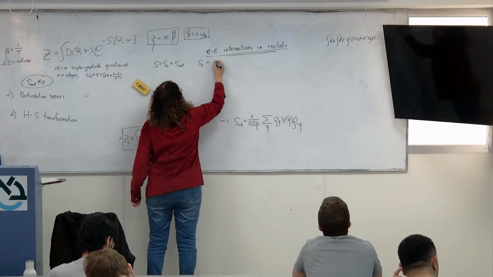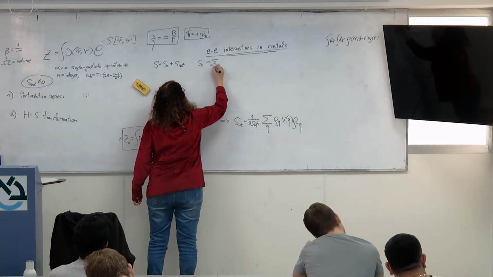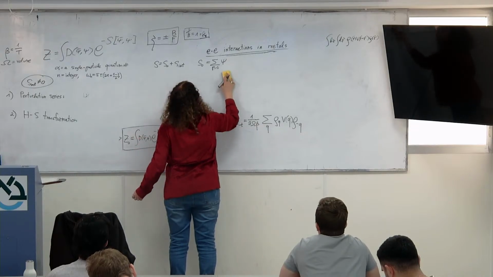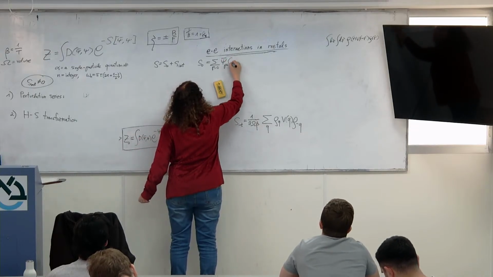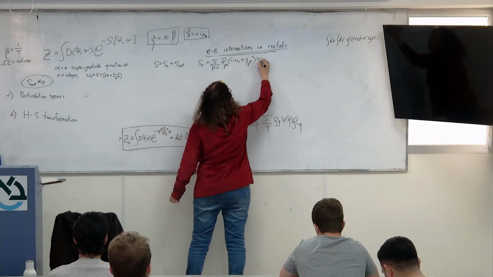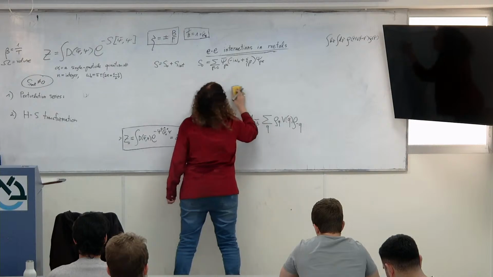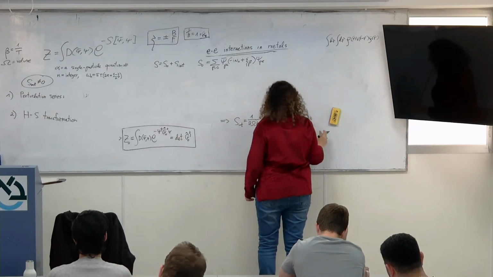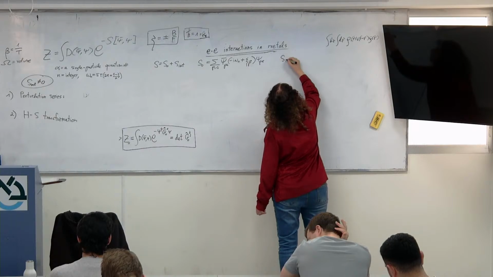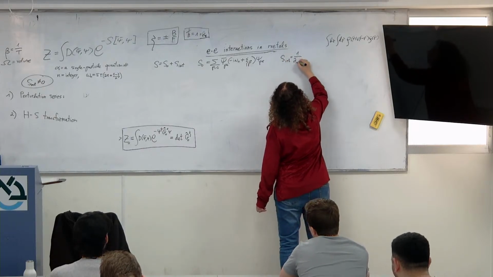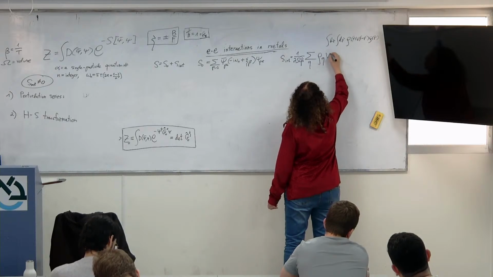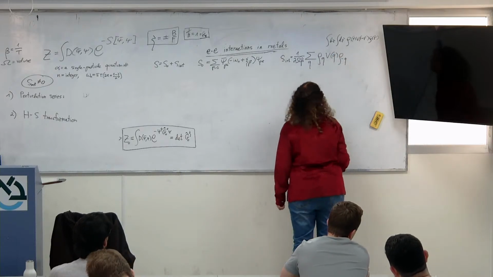S naught is a sum over P and sigma of psi bar P sigma minus i omega n plus xi P, psi P sigma, and S interaction is this thing, so I'm copying it here: rho Q, V Q, rho minus Q, okay?